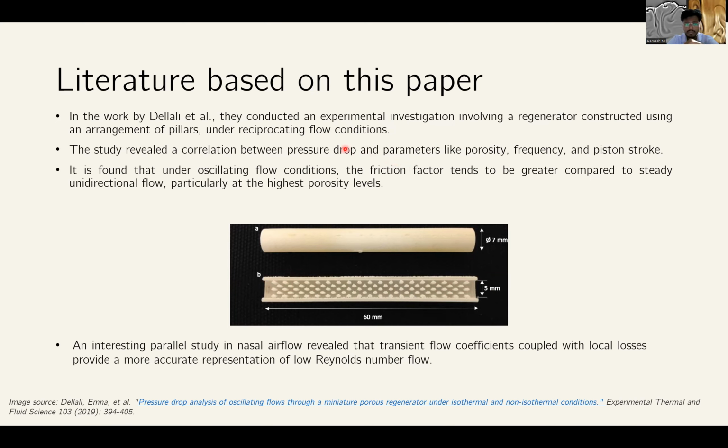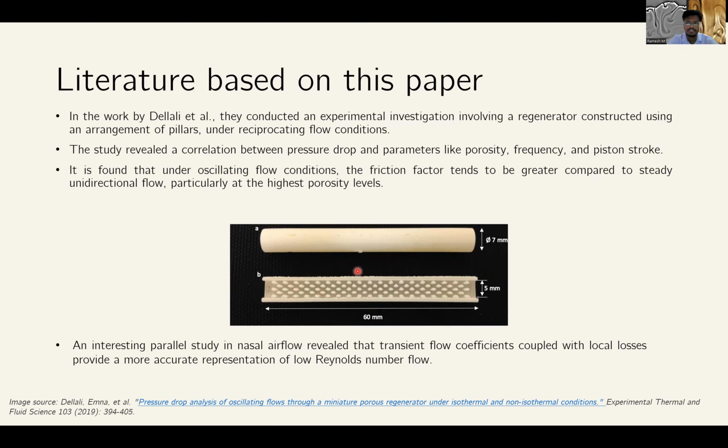He correlated the pressure drop with parameters like porosity and frequency, and the frequency of the piston stroke is also related. He also compared it with steady flow assumption calculations and found the friction factor is greater than the steady flow assumptions. So we have to gather more data on oscillatory flow specifically.